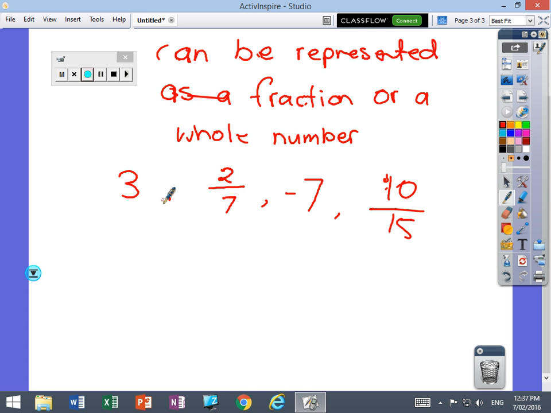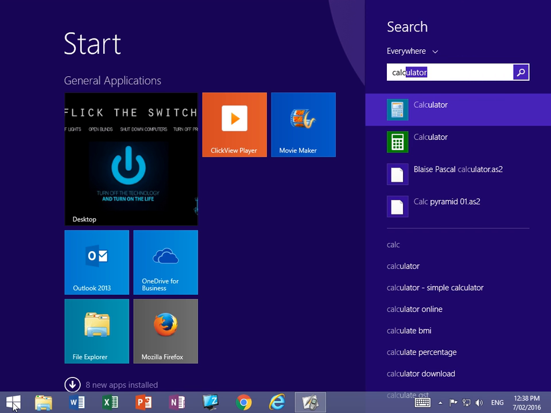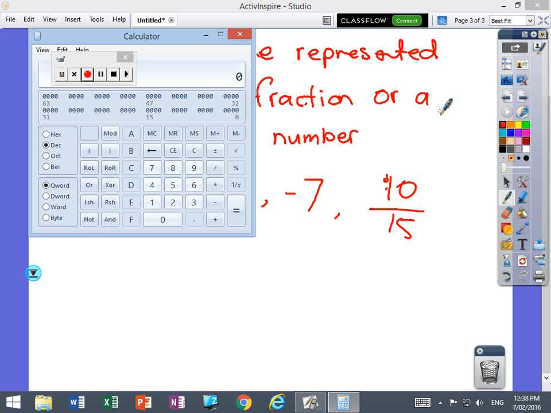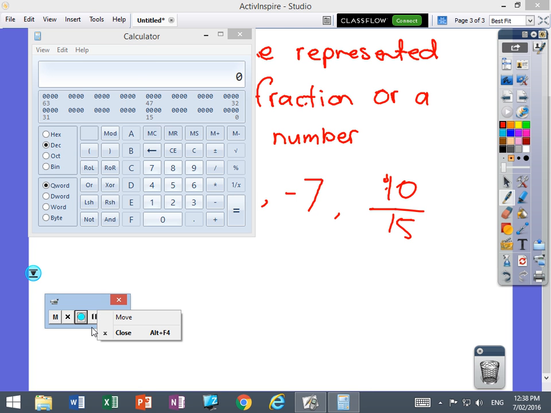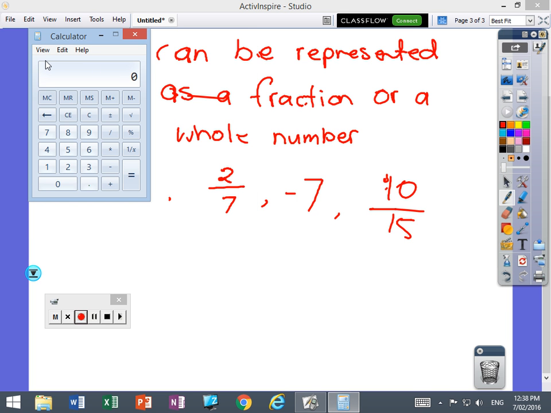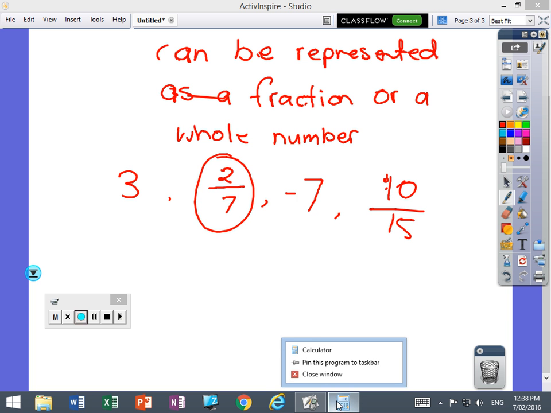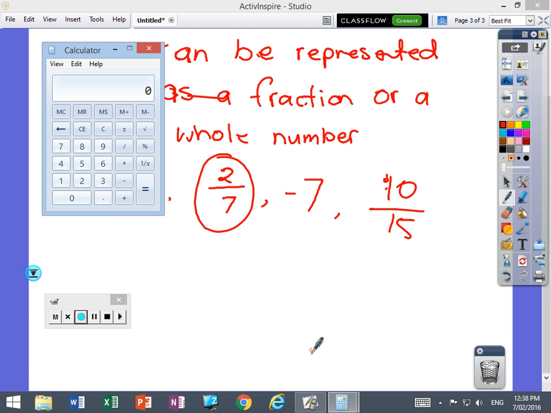Now, there's a way to test this. If you get your calculator out, I'll just pull up a calculator on here. I'm looking at this fraction here, 2 over 7. If I put this into my calculator, it's 2 divided by 7.